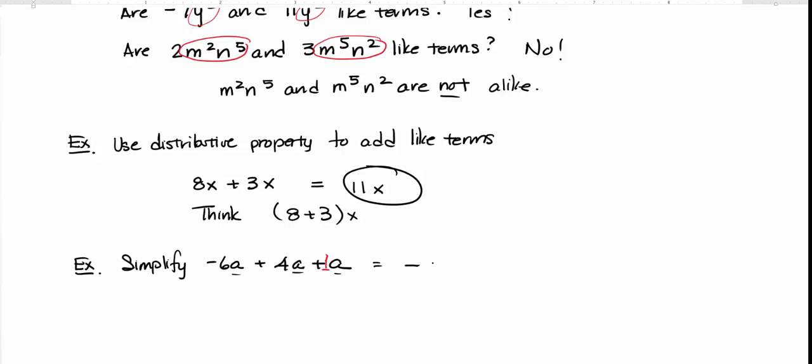Okay, so I can think to myself, well, that's just negative 6 plus 4 plus 1. And those are all a's, right? So I have negative 6 plus 4 is negative 2, plus 1 is negative 1. So it's just negative 1a, or I can simply write it as negative a. Okay, and we'll do a couple more examples in the next video.